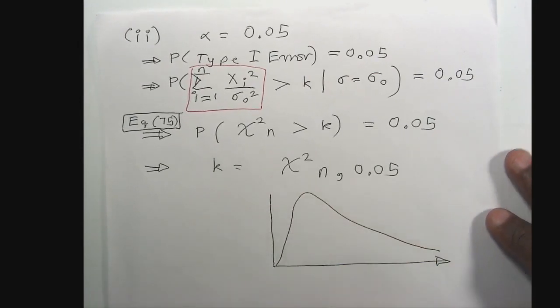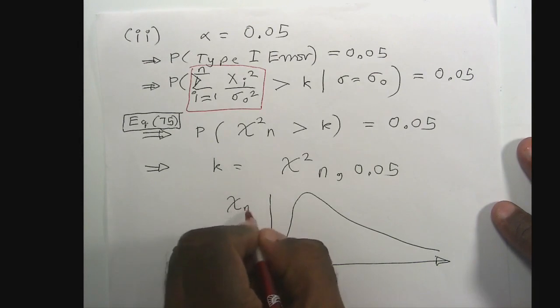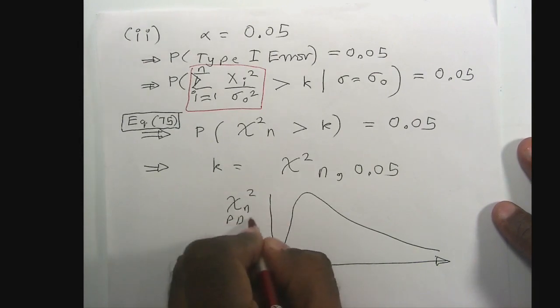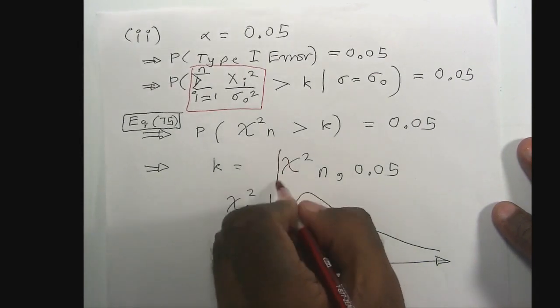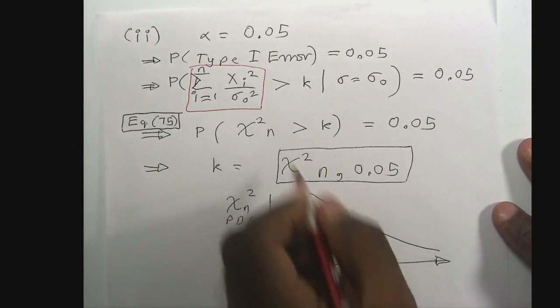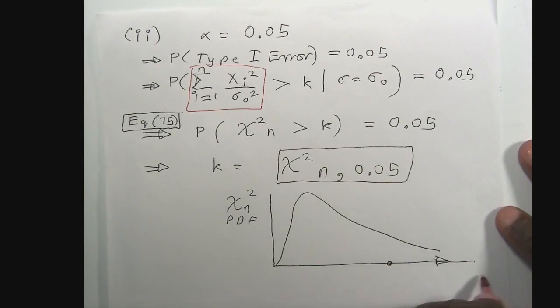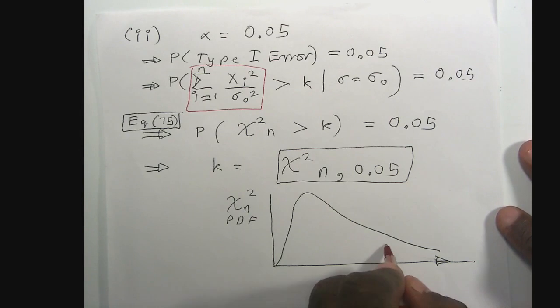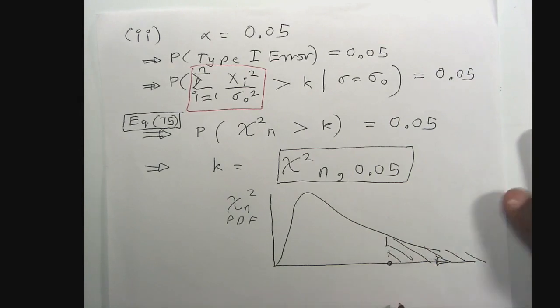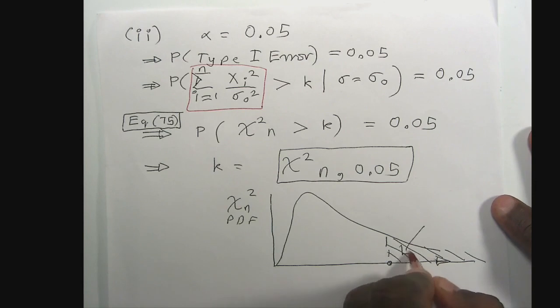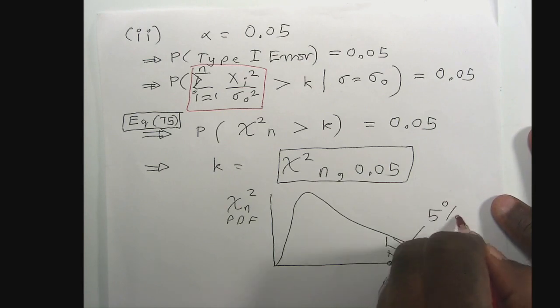Suppose this is the density of chi-squared n, all right, then this point here refers to a point along the x-axis such that the area to the right-hand side, that is this area, is 5% of the total area.